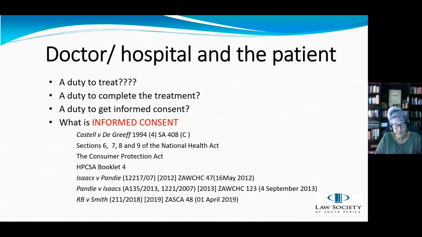In other words, the private hospital does not have the right to say, we're not going to treat this person because he or she doesn't have a medical aid fund. They have a duty, according to the Constitution, the right to emergency health care. Therefore, there is a duty to treat the injured person, stabilize him or her, and then when it is convenient and in the best interest of the patient, that patient can be moved to a public hospital.